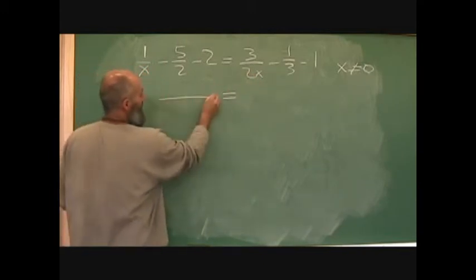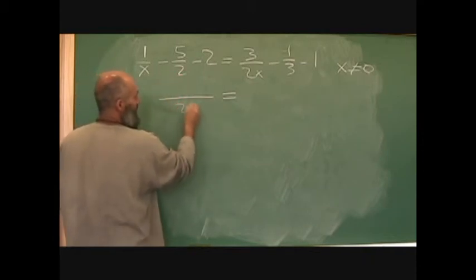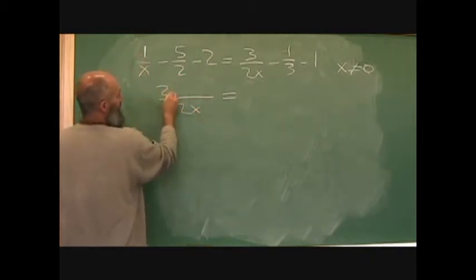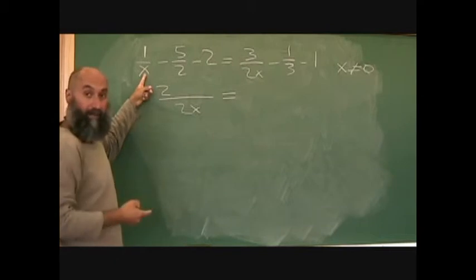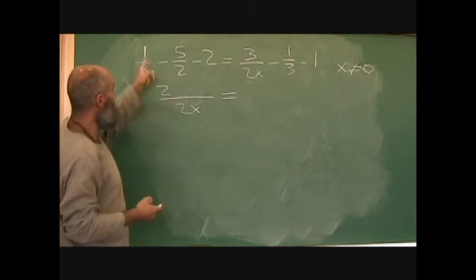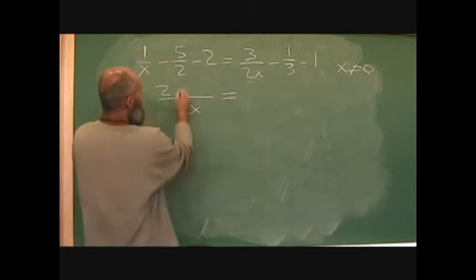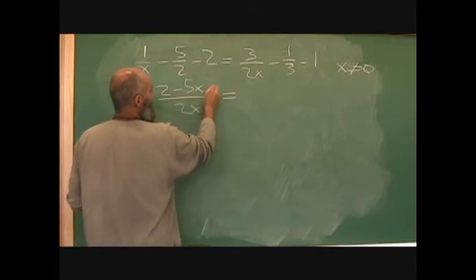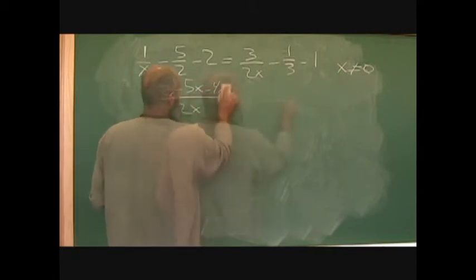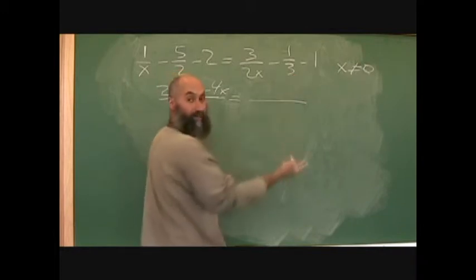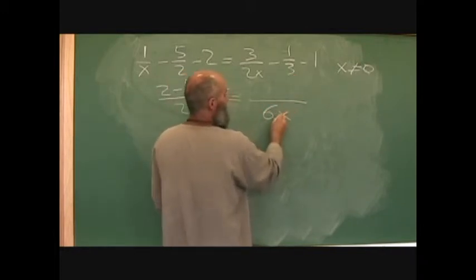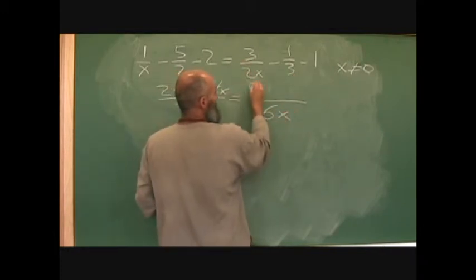So common denominator on this side is going to be 2x. Over here, we'll multiply this by 2. So whatever you multiply the bottom by, you multiply the top by. You multiply this by 2, you multiply the top by 2. Over here, we'll multiply by x, so 5x minus 4x. Denominator is 2x and 3 is going to be 6x. So you multiply this thing by 3, multiply that by 3, 9.